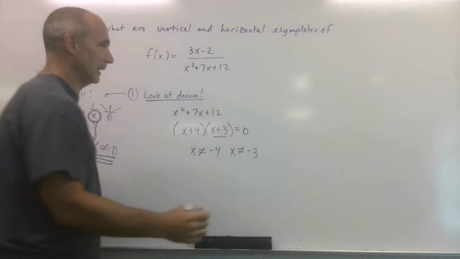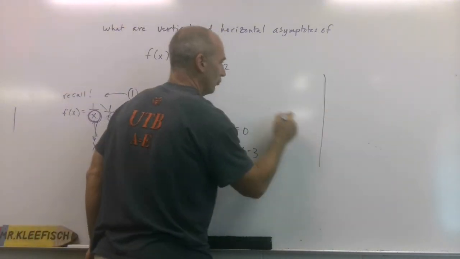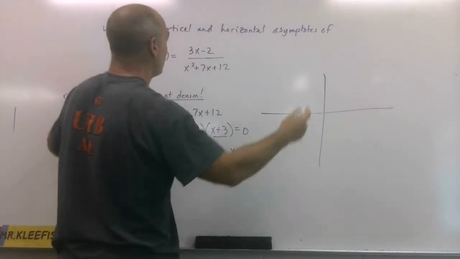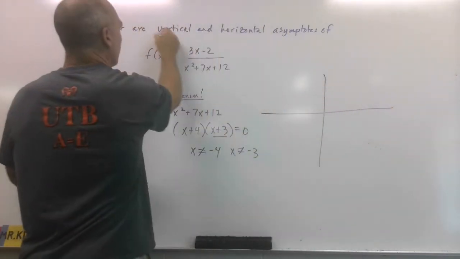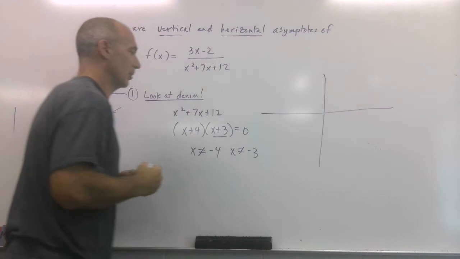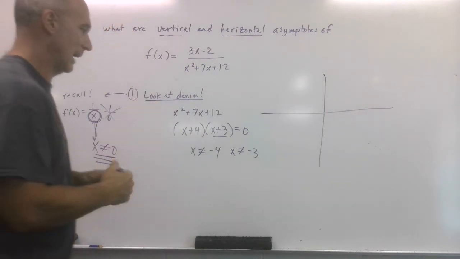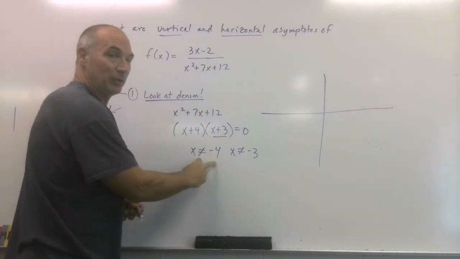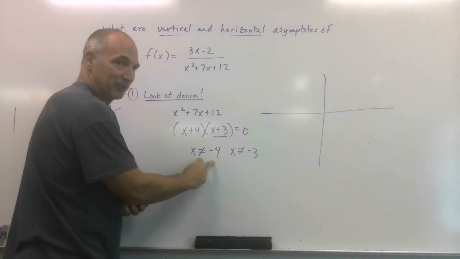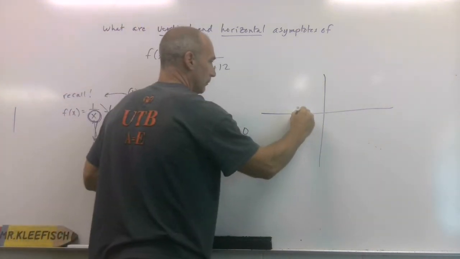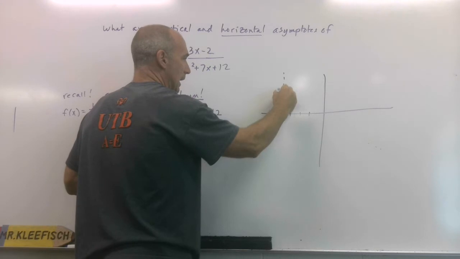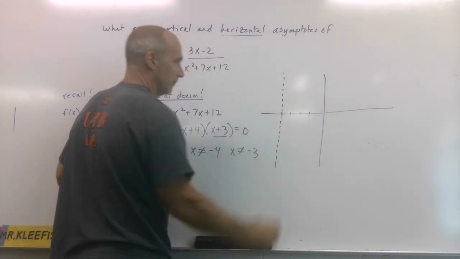Now, interestingly, if I was to graph this, which it does say, I mean, we need to look at it to figure out the vertical and the horizontal asymptotes, something interesting happens. If x cannot equal negative 4, that means my asymptote is a vertical line right there.